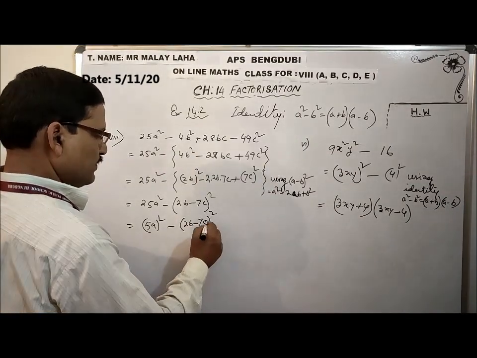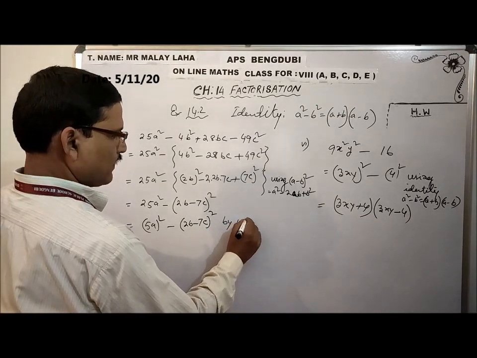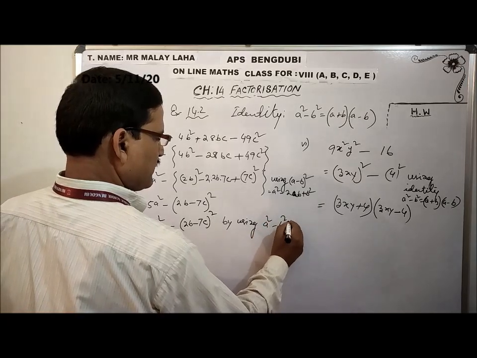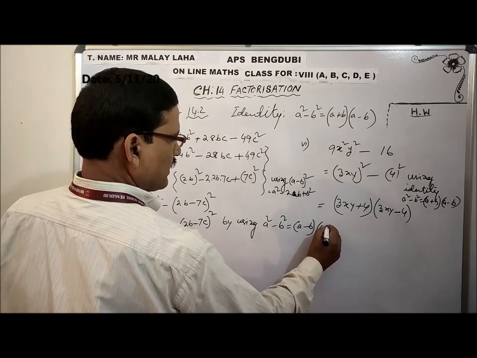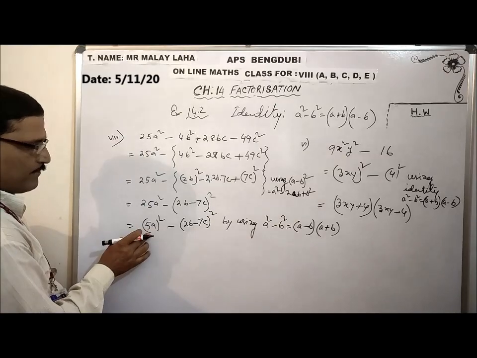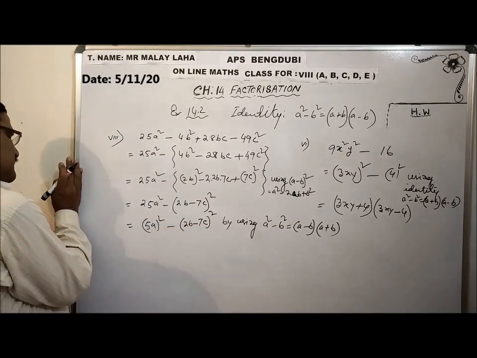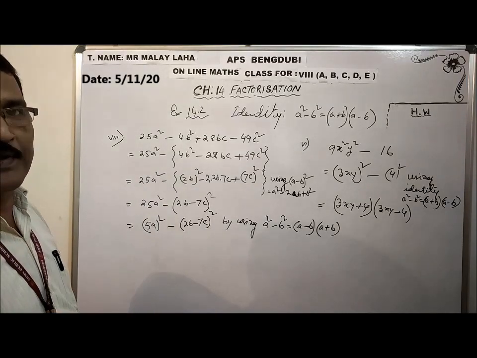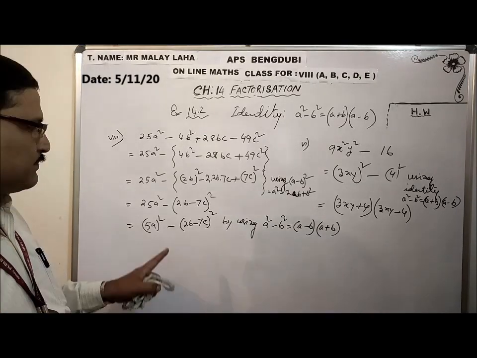So it will again use a square minus b square equals a minus b into a plus b. Which one is a? A is 5a. Which one is b? 2b minus 7c. So when you consider a particular term consisting of one factor or many factors, when many factors are there, all together we have to consider as b.